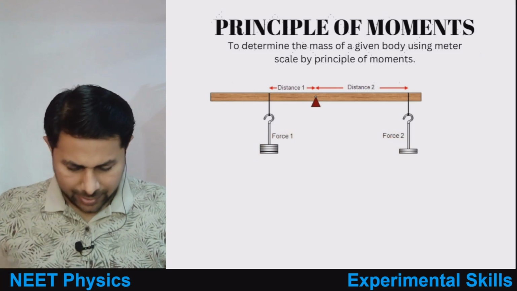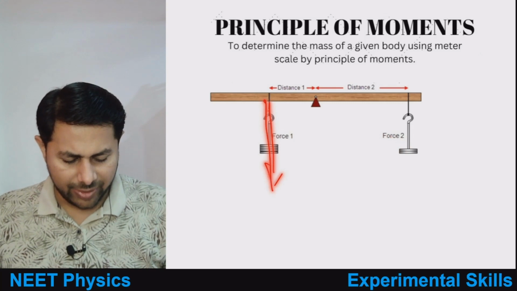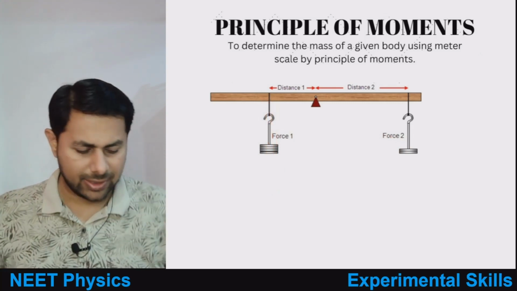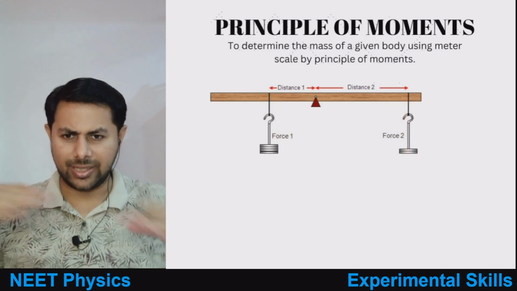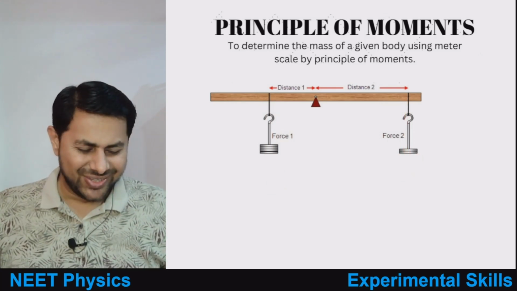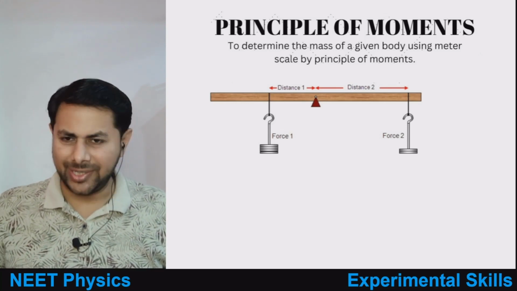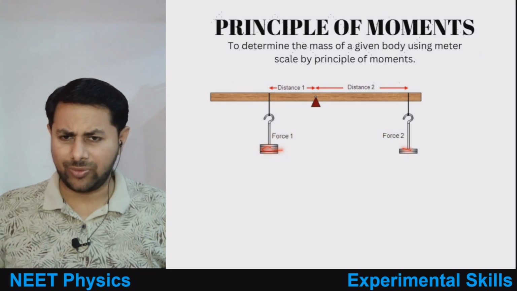Then what will happen? This weight will try to rotate the meter scale this way, and this one will try to rotate it the other way. It's like your seesaw, right? So at some point it can be balanced by putting a certain ratio of weights.